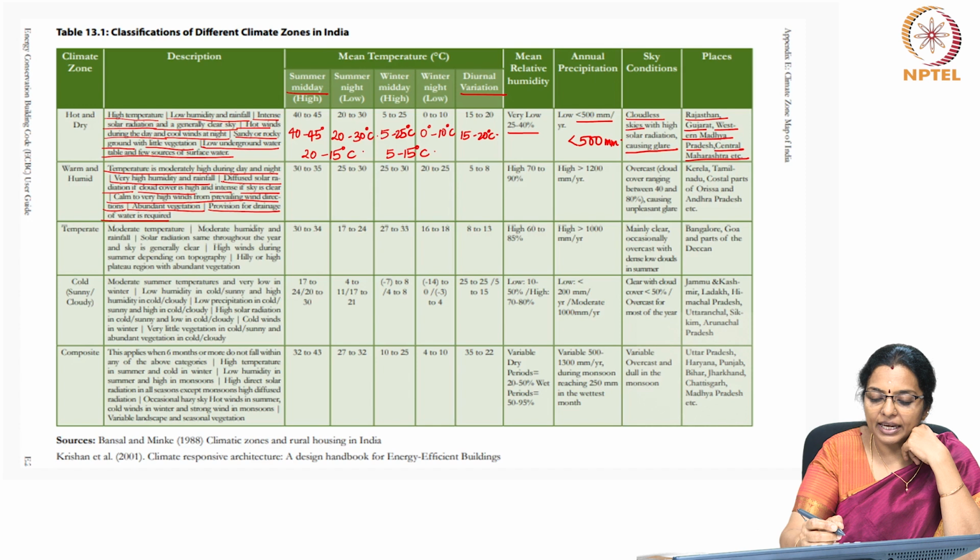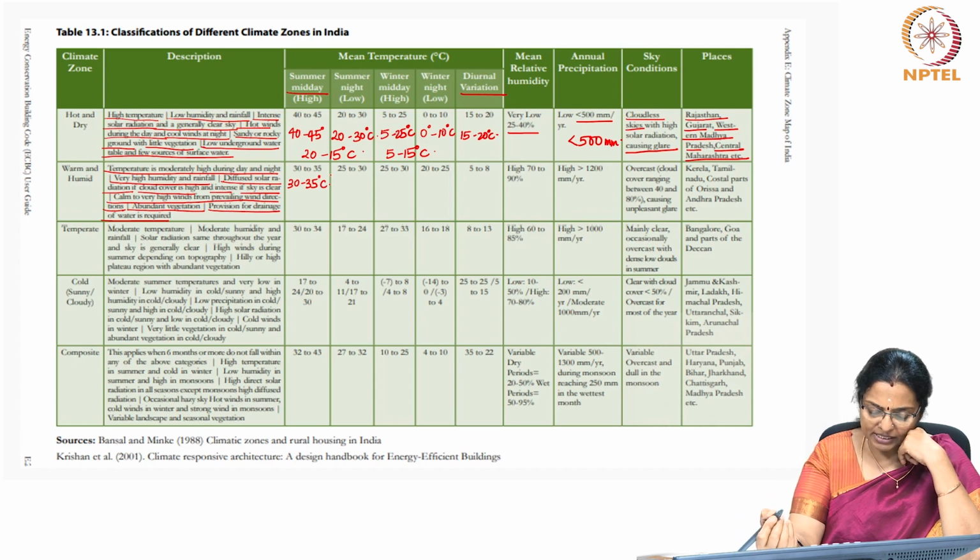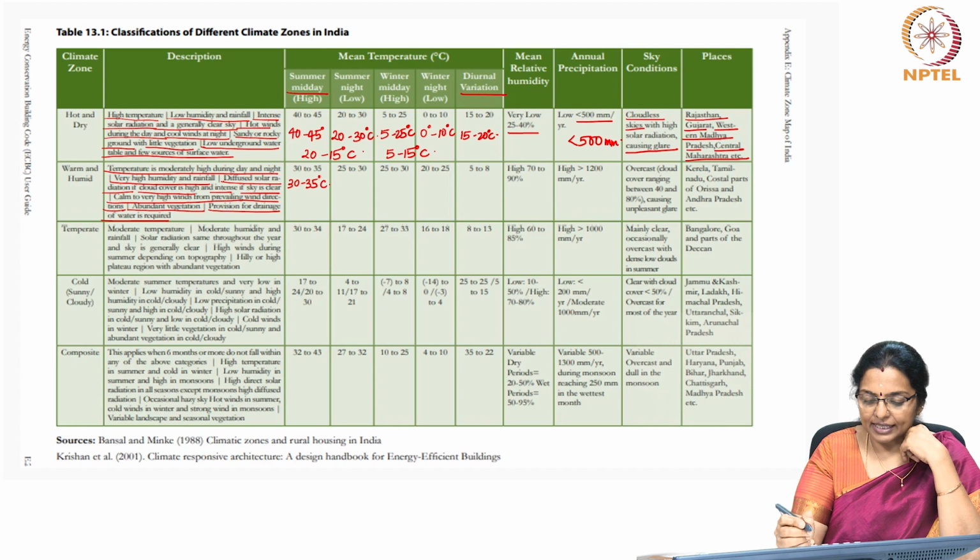Summer midday high temperature ranges between 30 to 35 degrees centigrade as far as Bansal and Minke and Krishnan et al. say, Arvind Krishnan. But actually in warm and humid, the temperature soars much beyond this and reaches even 40 degrees centigrade. Summer night, yes, between 25 to 30 degrees Celsius.